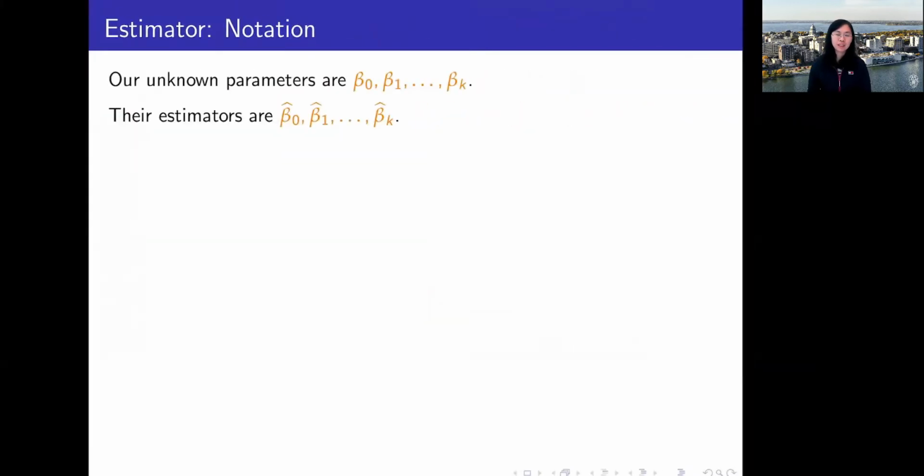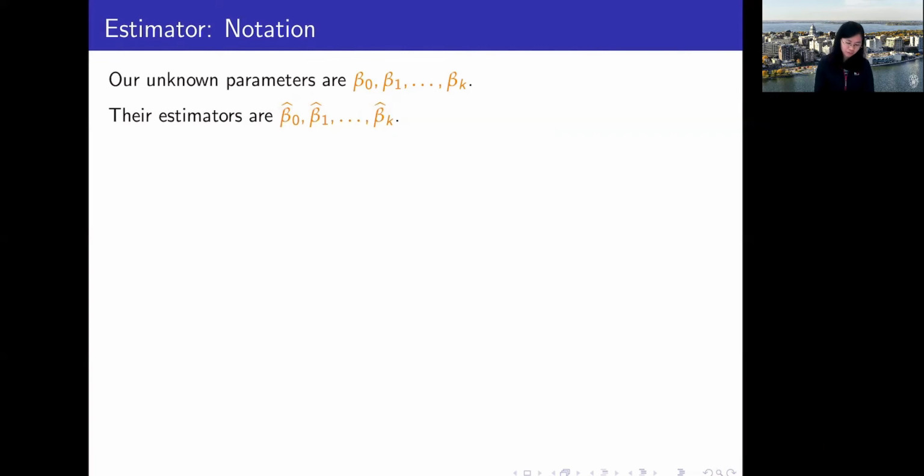Before we introduce the estimator, I want to stress a notation. Just to emphasize, our unknown parameters are the betas without a hat or subscript n or anything. And their estimators are the betas with the hat added. So we use the hat to denote estimators.